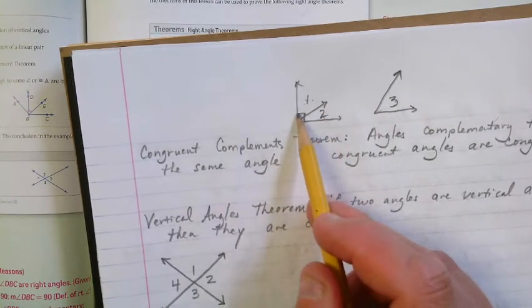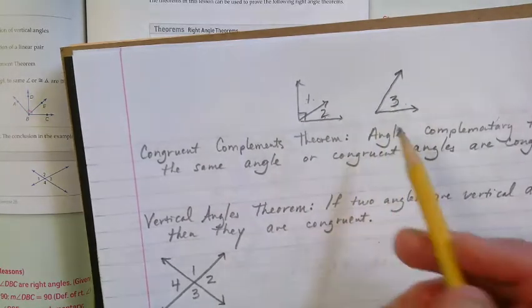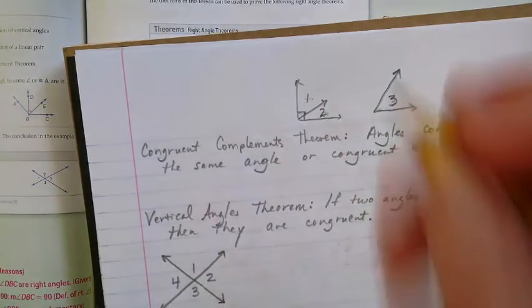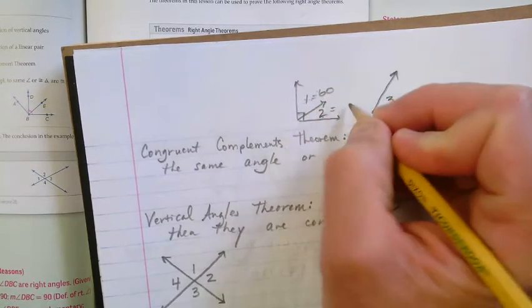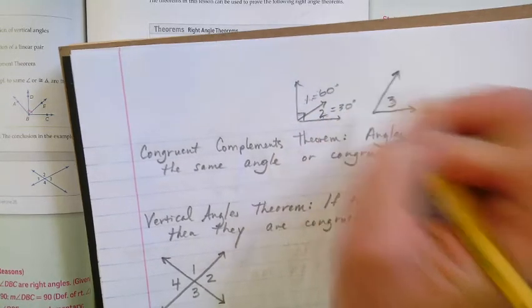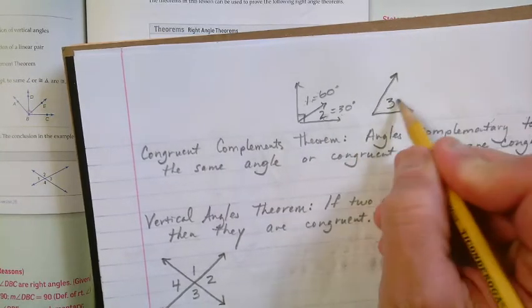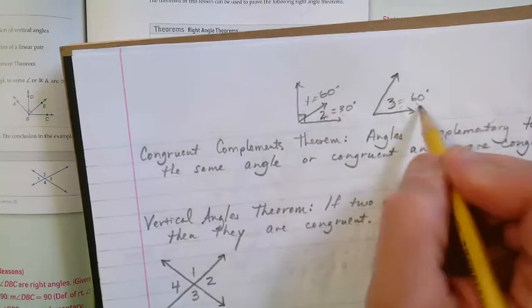I've already shown that there. But let's also say 2 and 3 are complementary. Then if that's the case, the angles 1 and 3 have to be the same. I could do something like this: if this is 60 and this is 30 to make 90, and if this is 30, then this has to be 60 to make 90. And what we see is that those two have to be the same measure.